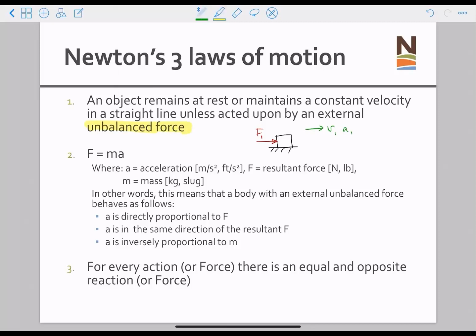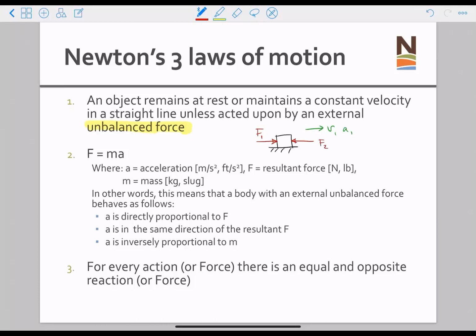Well, let's look at another example where we add a second force, and we're going to call this force 2. Imagine yourself pushing against a box, and you have a friend who's pushing on the other side of the box. If you're both pushing with the same amount of force, obviously that box is not going to go anywhere. There are external forces, but there's no unbalanced force, meaning those forces equal out or cancel out to each other.